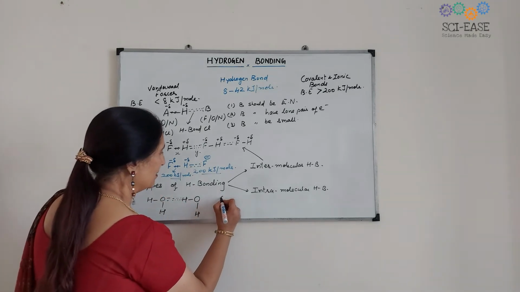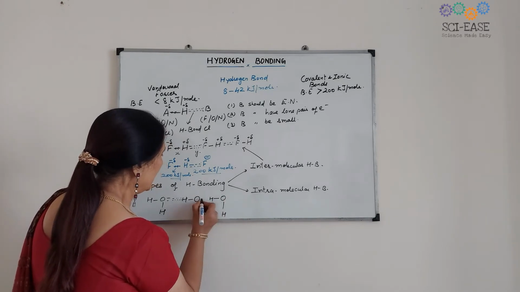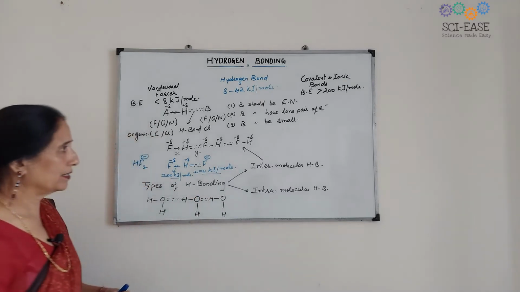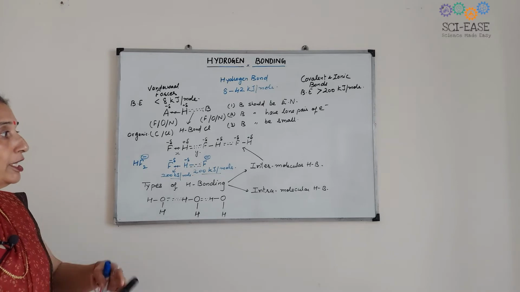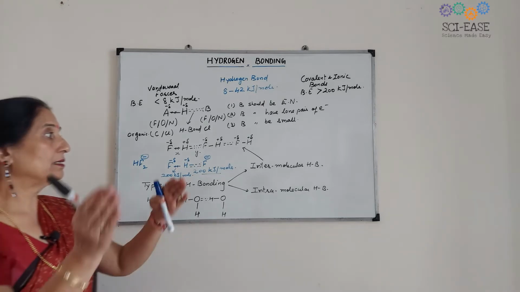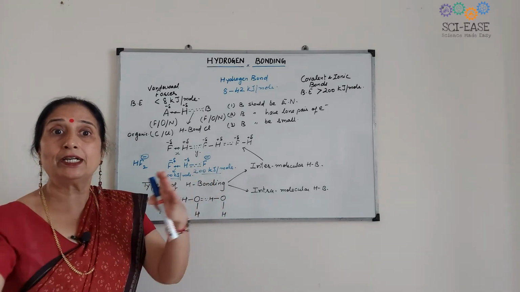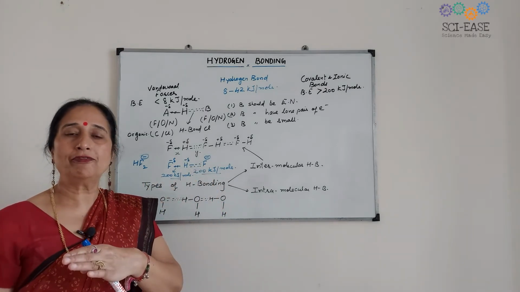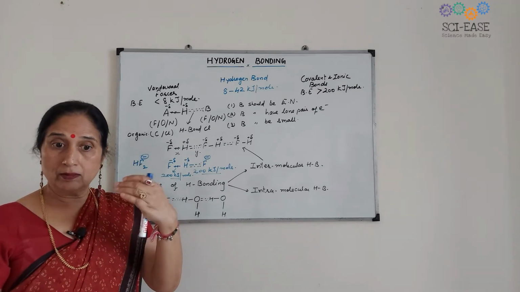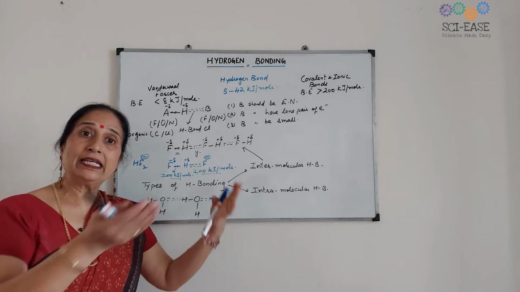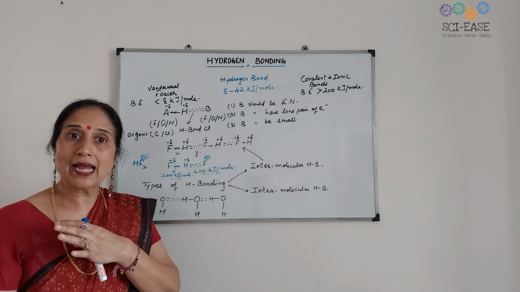In the same way, there is another molecule of water. They all will be connected by hydrogen bonding. So this is the example of intermolecular hydrogen bonding, the hydrogen bonding between different molecules which contain the electronegative element and the hydrogen atom.